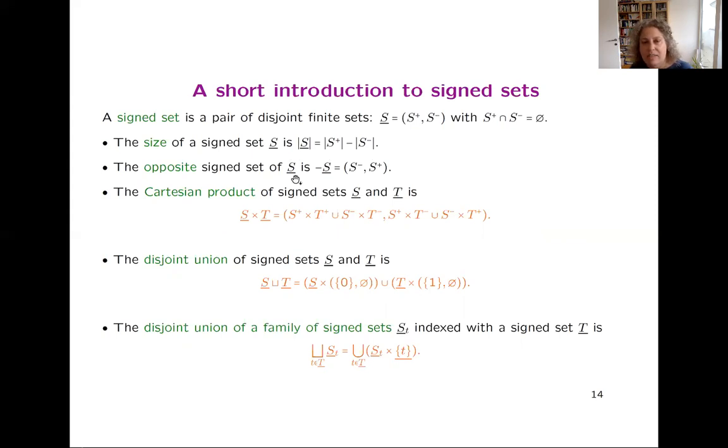The opposite sign set is obtained by interchanging the positive and the negative part. Then there is a natural notion of Cartesian product of sign sets, of disjoint union. And what is very important for us is that we can also deal with disjoint unions of a family of sign sets, where the index set is also a sign set. So this will be very important for us.